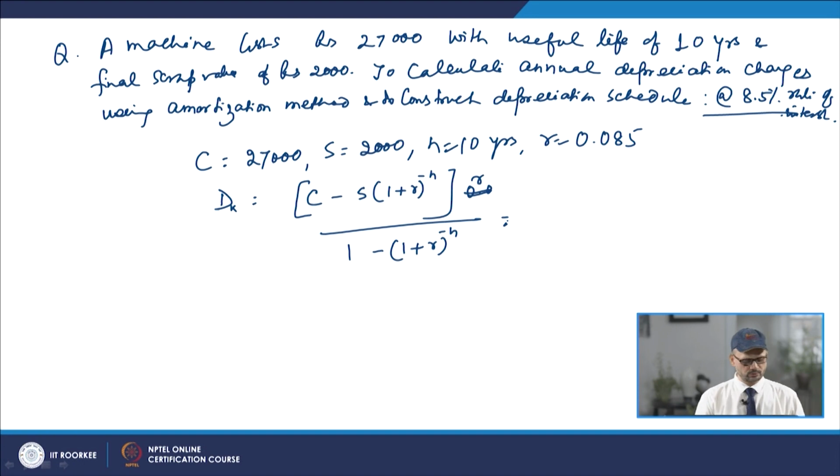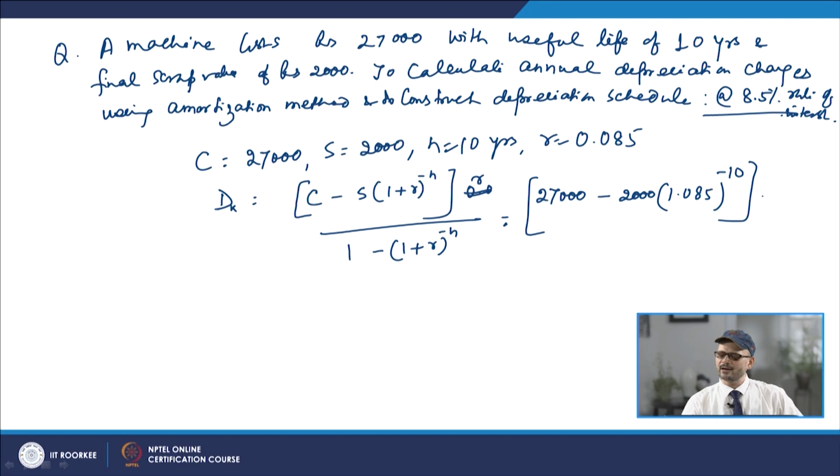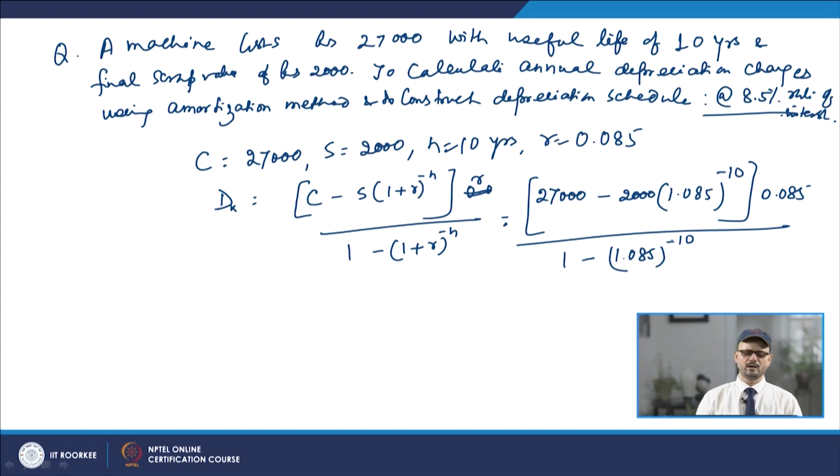So, we are going to compute that: 27,000 minus 2,000 into 1.085 raised to the power minus 10, multiplied with 0.085 and divided by 1 minus 1.085 raised to the power minus 10. That is what we are going to calculate here.